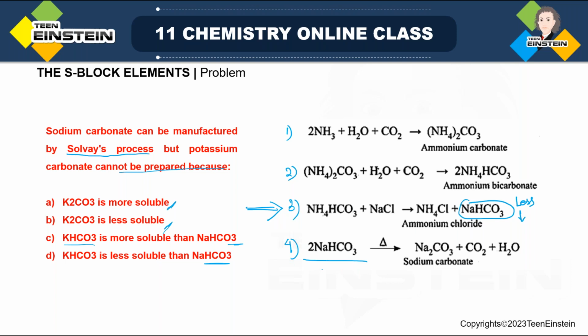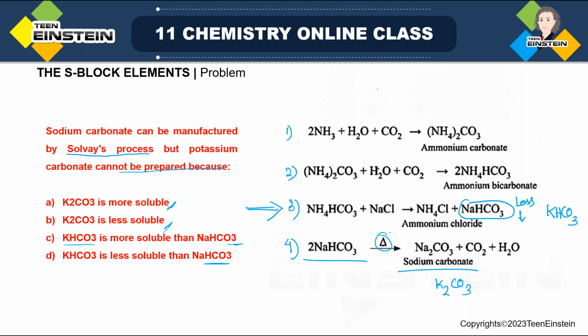You can use it in the next step where you are simply heating it, and you get the final desired product. Now, if you want to apply the same process for the preparation of K2CO3, instead of Na2CO3, then in this third step, obviously what you will get, instead of NaHCO3, is KHCO3, right?